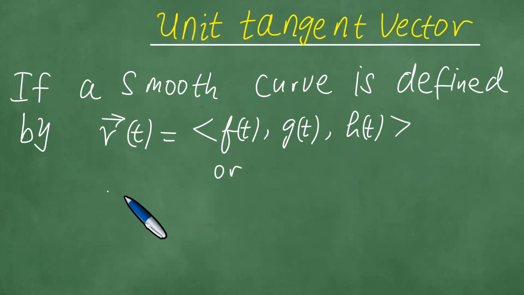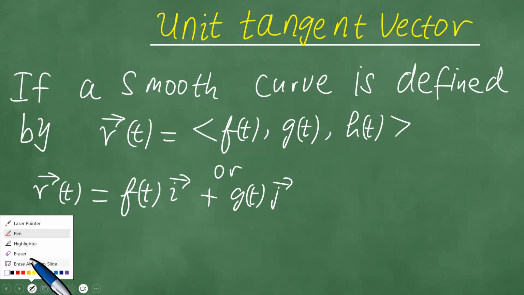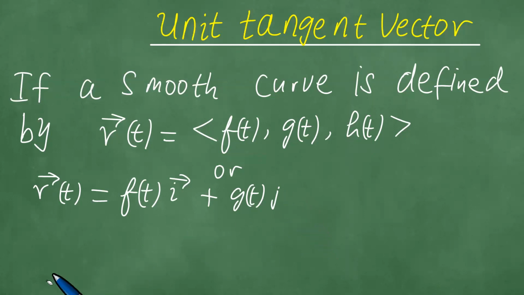Or if you don't want to define it like this, you define it as r of t, which equals f of t times i plus g of t times j. In other words, i, j, and k are our unit vectors, and then we have plus h of t times the unit vector k, like so.